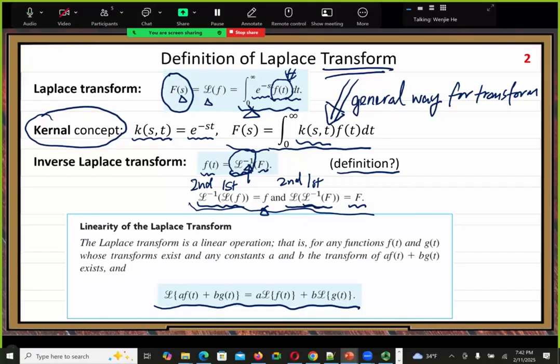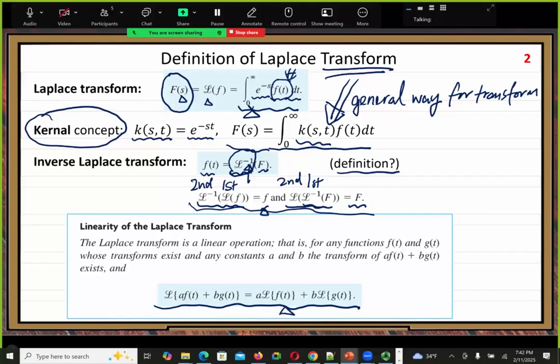You work on the linear combination of these two functions: a times f plus b times g, where a and b are both constants. So you can use the simple linearity property.